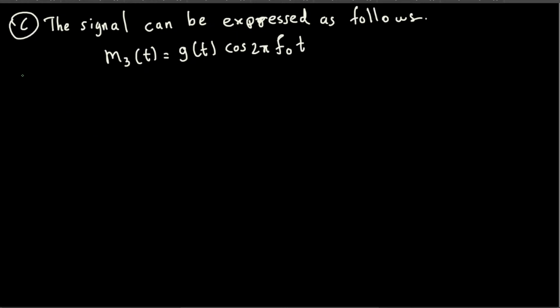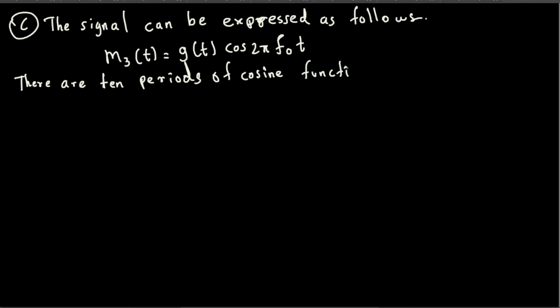We have mentioned that one here. There are 10 periods of the cosine function in the interval 2 to 5.